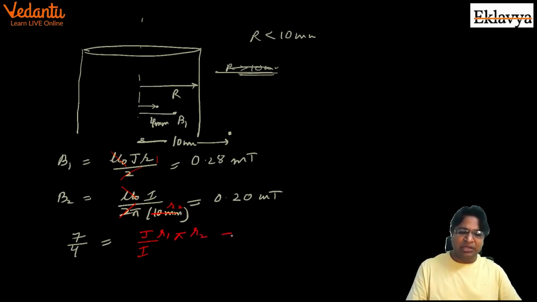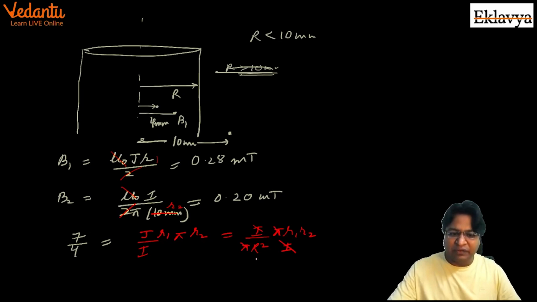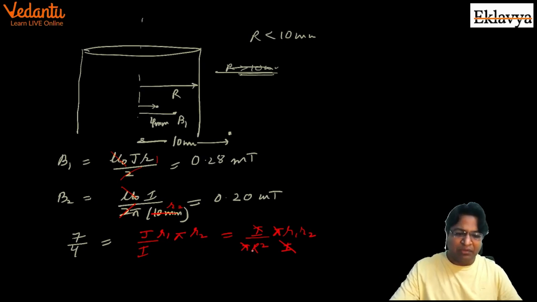Now J can be written as I by pi R square. So this is J, and then pi R1 R2 by I. So I gets cancelled, pi gets cancelled. So from here we get the value of capital R. We are getting capital R square is equal to the R1 R2 product into 4 by 7.